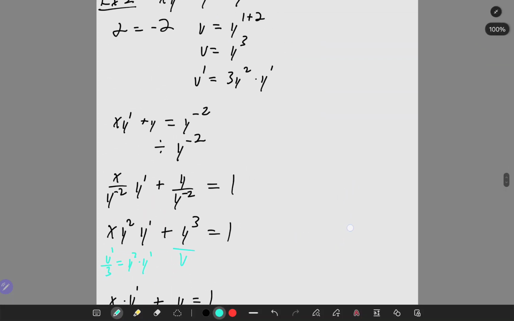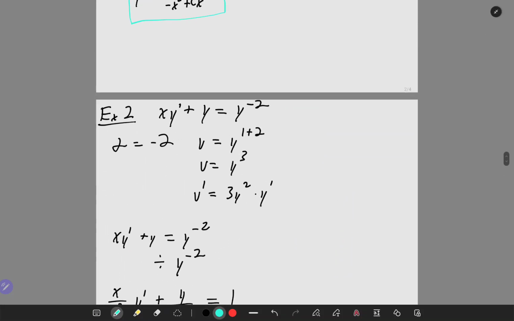So basically, we know it's in a Bernoulli form. Whenever we see on the right side we have y to the negative 2, right? That's an immediate giveaway that this is a Bernoulli equation.